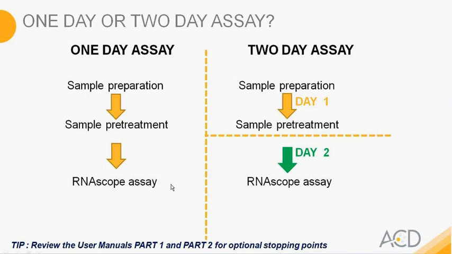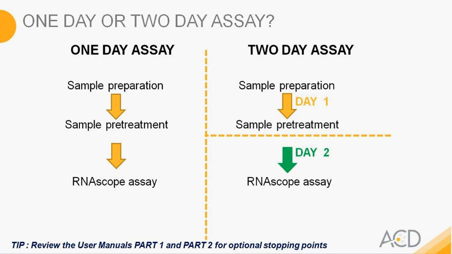The key importance of the RNAscope assay is that now we have an opportunity to segment the assay into 1- or 2-day assays. In the 1-day assay, as highlighted here, you perform sample preparation, pretreatment, and the actual assay all in 1 day. In the 2-day assay, you will perform sample preparation and pretreatment on day 1 and the RNAscope assay on day 2.